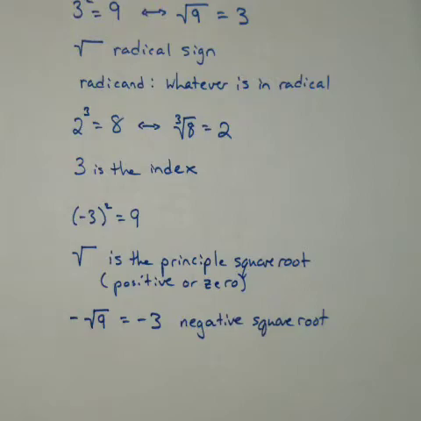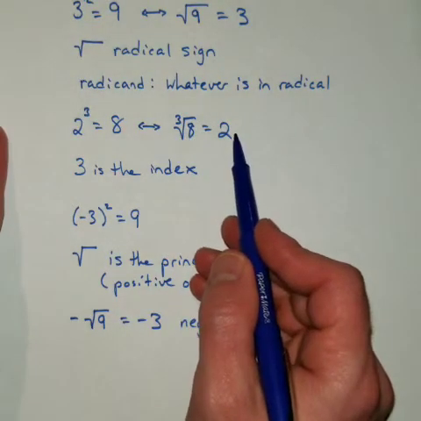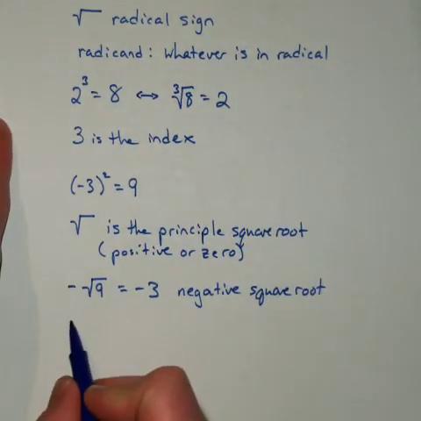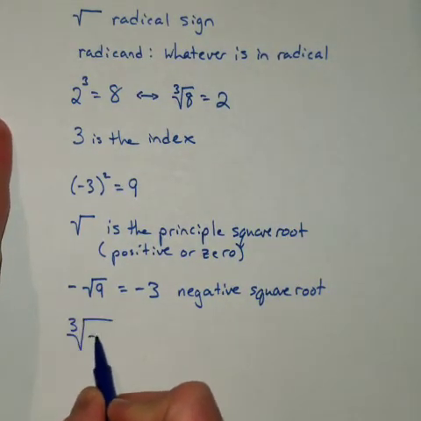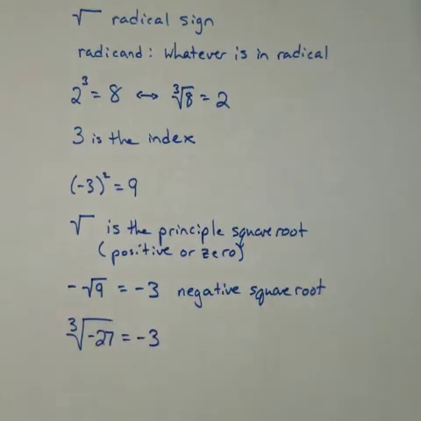Okay, cube roots, you don't need those because cube roots of positive numbers are positive, but also cube roots of negative numbers are negative. So the cube root of negative 27 is negative 3. Alright, so cube roots, you don't have to worry about what's principal and what's not, because the answers will always have the same sign as the radicand for a cube root.